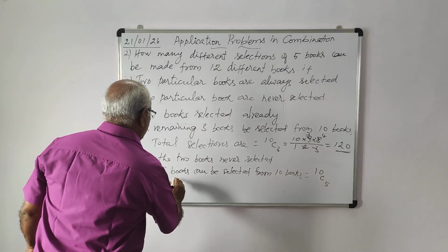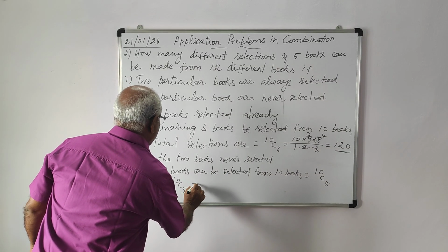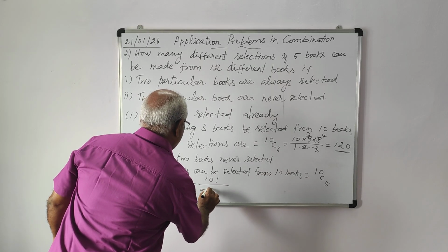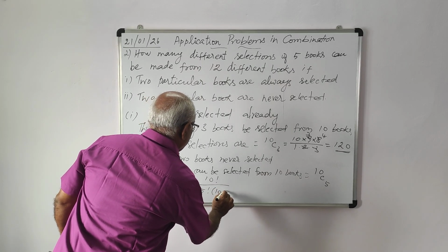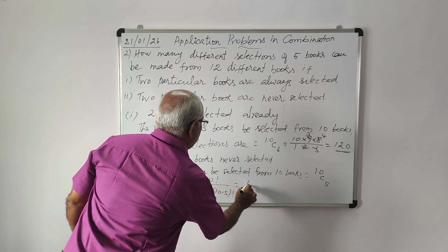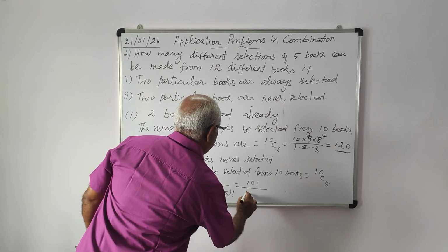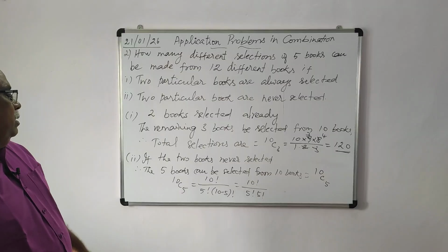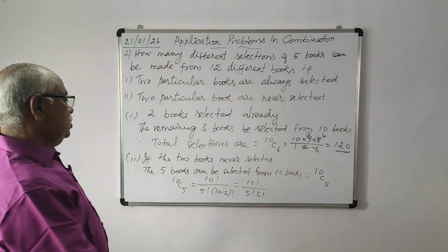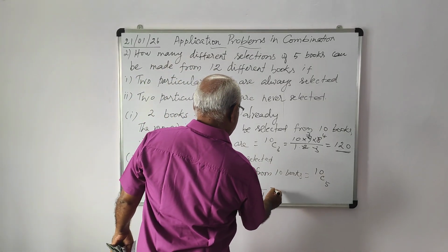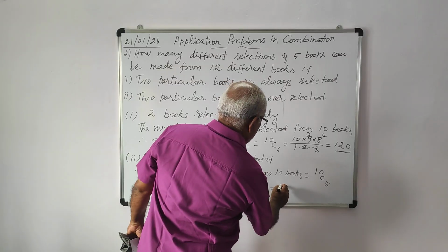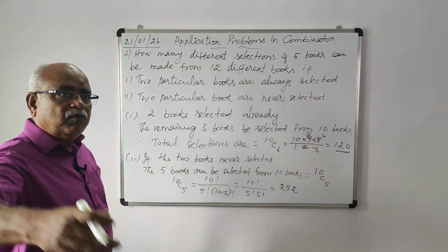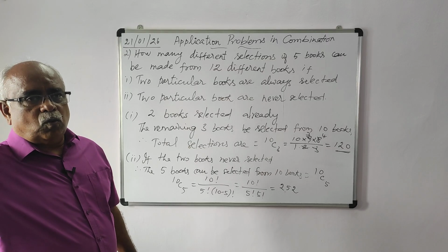The value of 10C5 equals 10 factorial by r factorial into n minus r factorial, that is 10 factorial by 5 factorial into 5 factorial, since 10 minus 5 is 5. 10 factorial is 10 into 9 into 8 and so on down to 1.